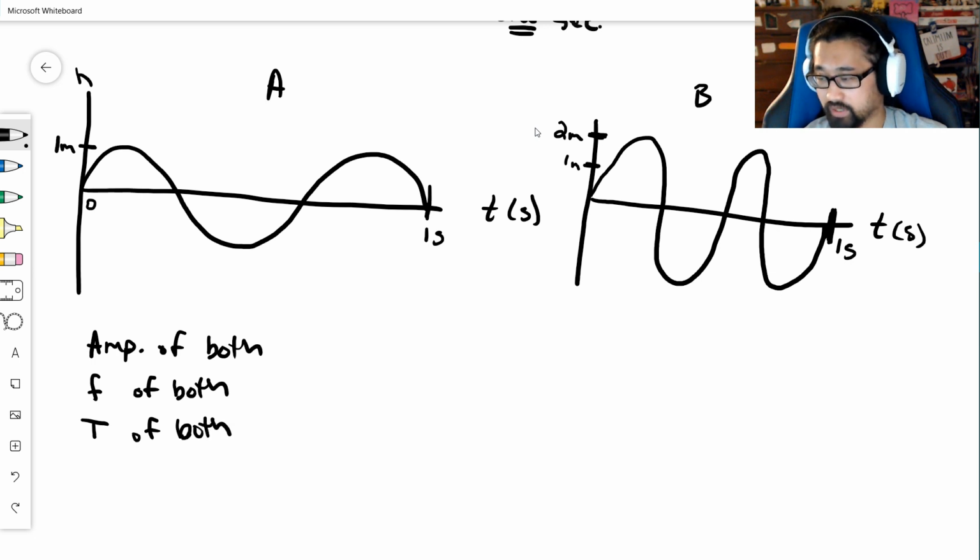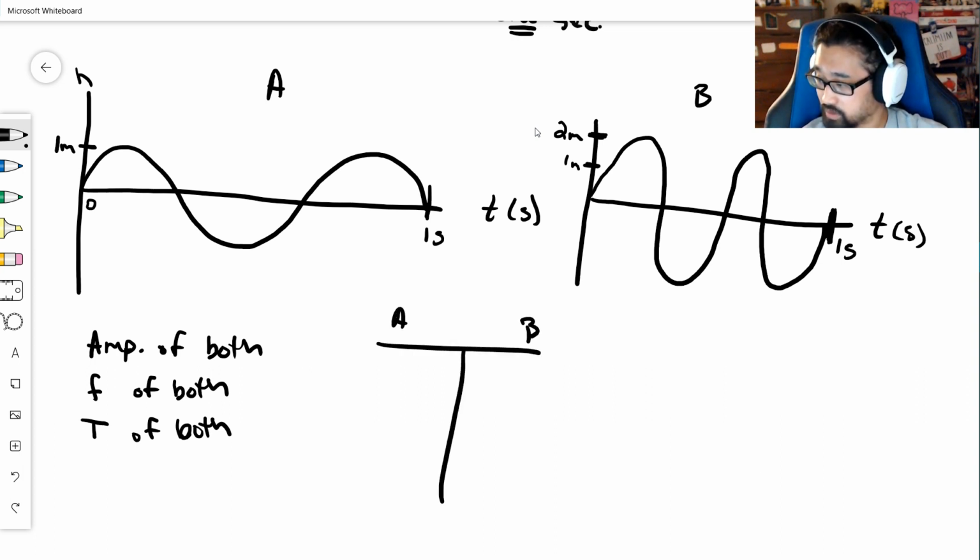So for both wave A and B, what's the amplitude? What's the frequency? What is the period? Amplitude should be fairly straightforward, right? The amplitude of wave A, and I'll do it this way. So we have A, we have B, make a little table. Amplitude is 1 meter for A. Amplitude is 2 meters for B. The frequency of A is a little funny, right?